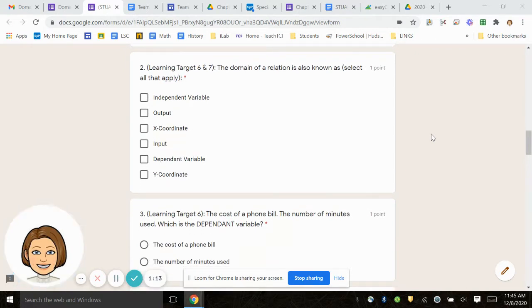Number 2, the domain of a relation is also known as, and again, select as many boxes as you need to. The domain: independent variable, output, x-coordinate, input, dependent variable, y-coordinate.